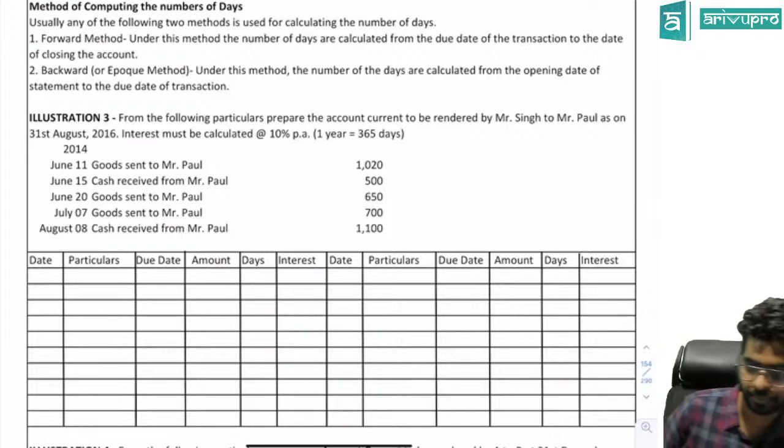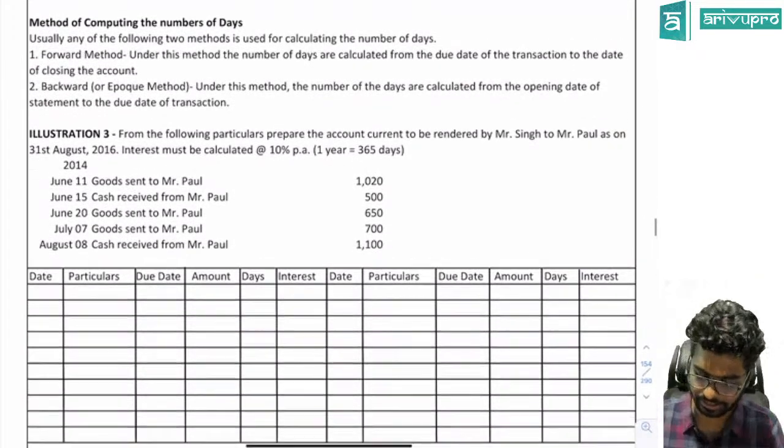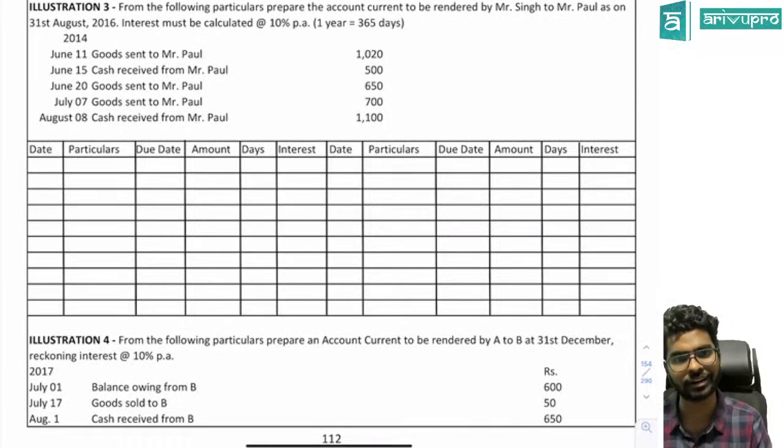Are you guys clear? So now let us try a very simple question and understand how it works for both the forward and the backward method.